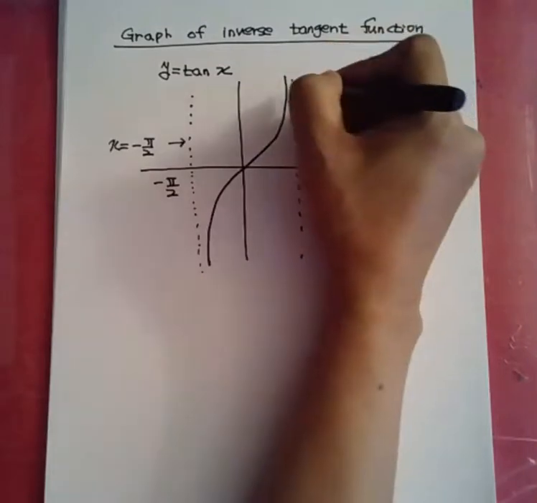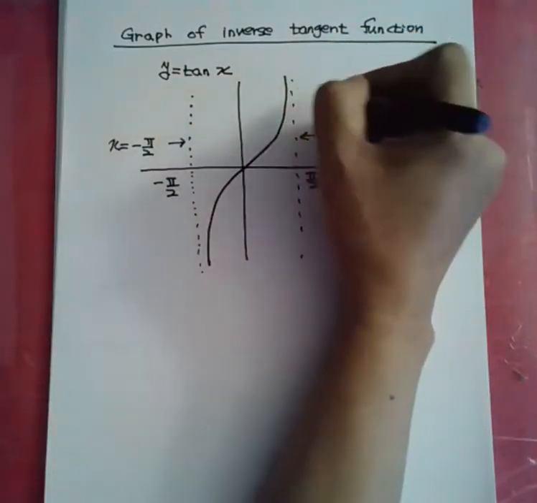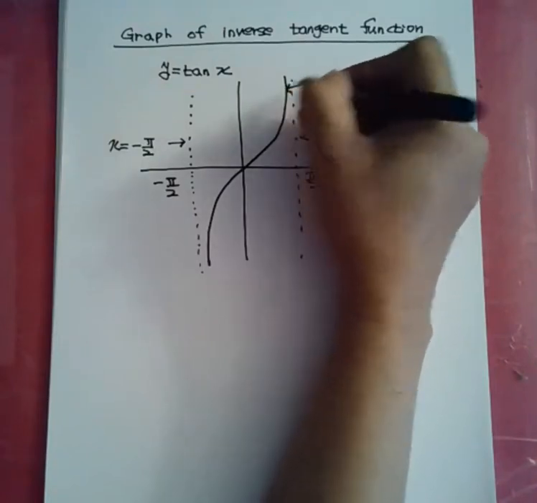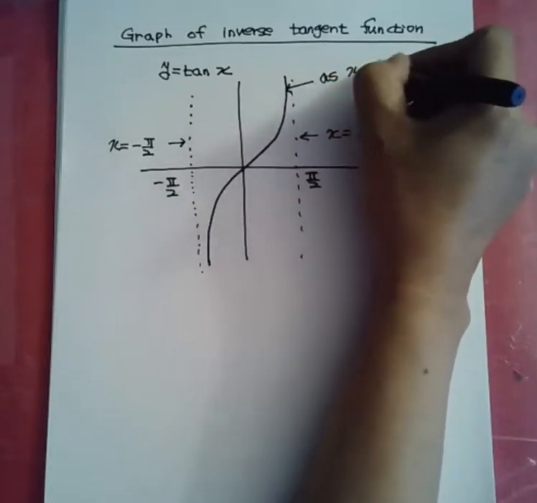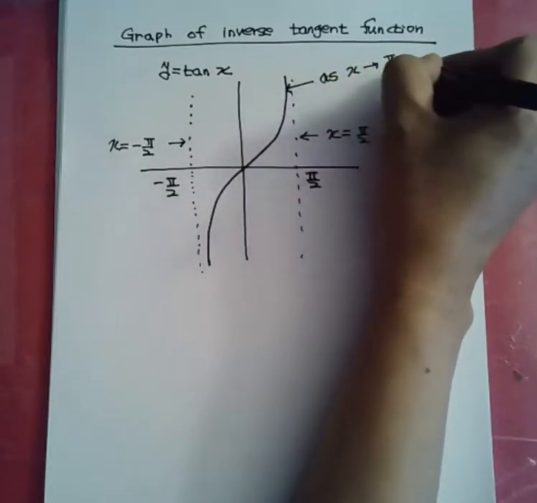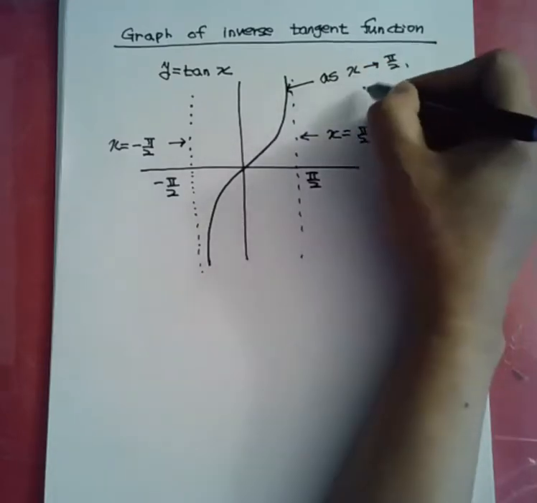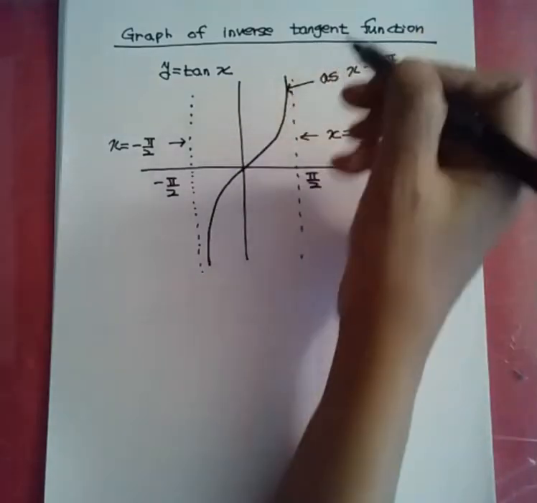When we describe this, we can say as x approaches pi over 2, y goes to infinity, it diverges.